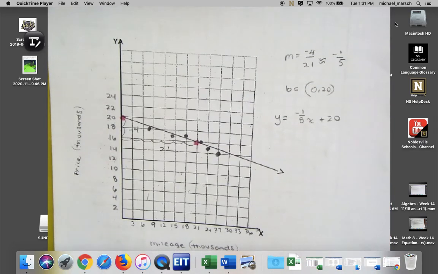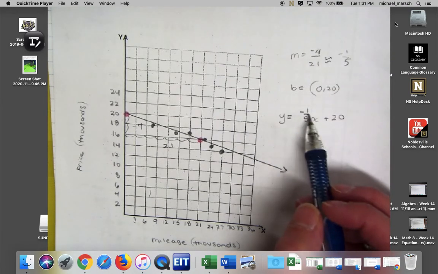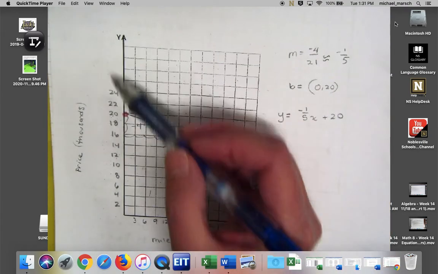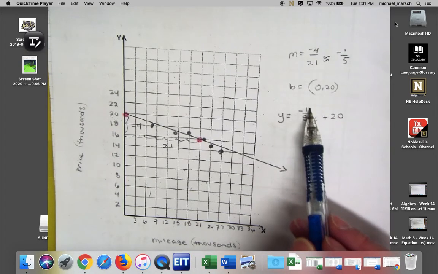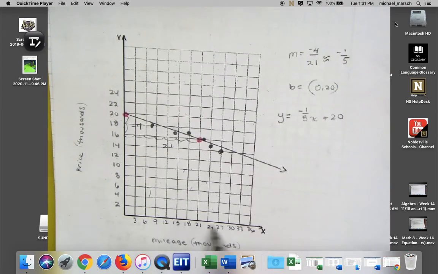So let's talk about what this actually means in respect to this whole situation. I've got my slope here. What does the negative 1 stand for? What do my y values stand for? Your price. So minus $1,000 every 5,000 miles.